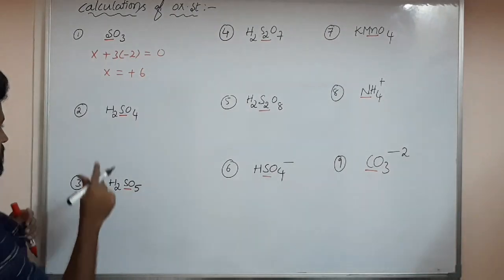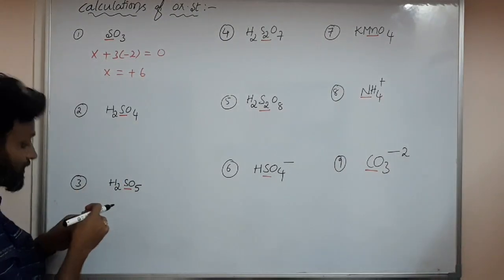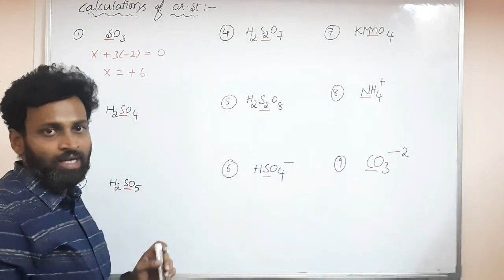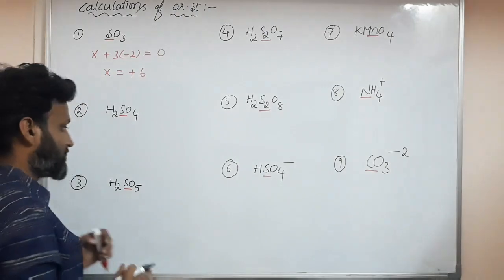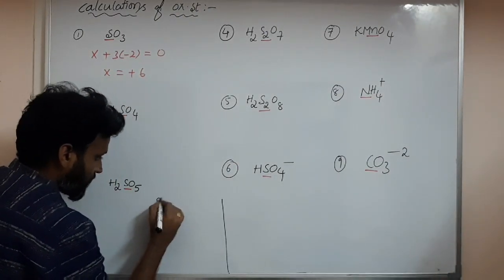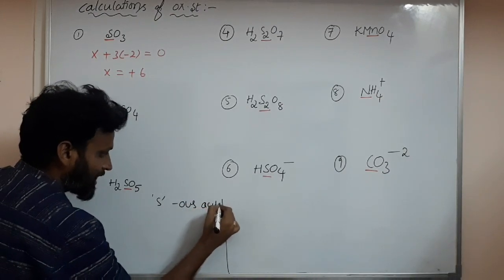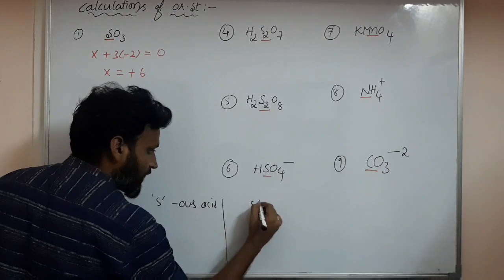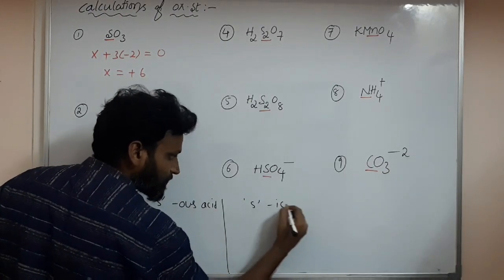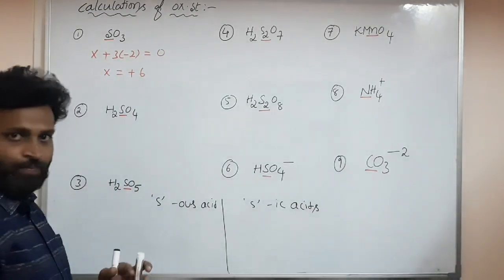Whereas for sulfur acids, there are two types of acids we will have: us acids and ic acids. Here I will tell you two things. Sulfur us acids, meaning sulfurous acids, have one kind of structure, and sulfuric acids have another structure.